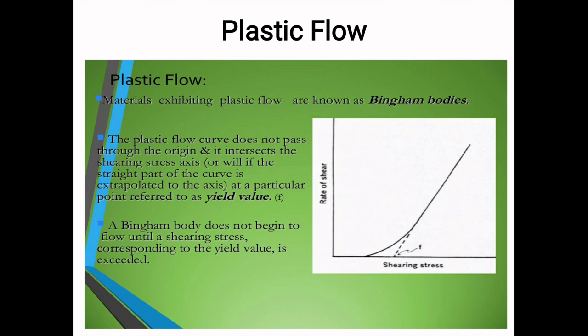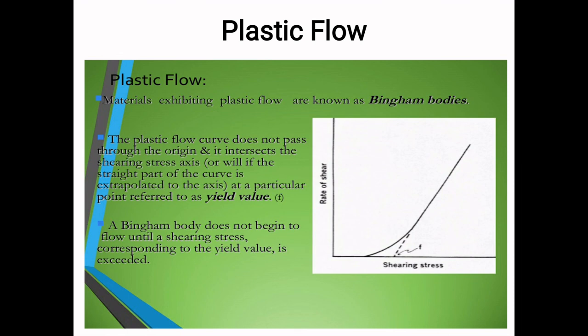So what is plastic flow? Materials exhibiting plastic flow are known as Bingham bodies, because this term was mainly coined by the scientist Bingham. So plastic flow is also known as Bingham bodies. The plastic flow curve does not pass through the origin and it intersects the shearing stress axis, or if the straight part of the curve is extrapolated to the axis, the point is referred to as yield value.